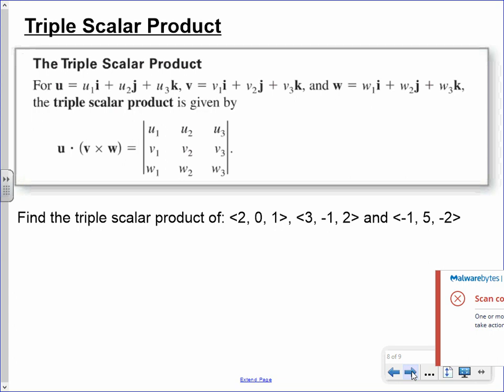What we're going to do is throw U, V, W into our determinant, and it will give us a scalar. So we take a two-step process and we squish it down into one. It's awesome.